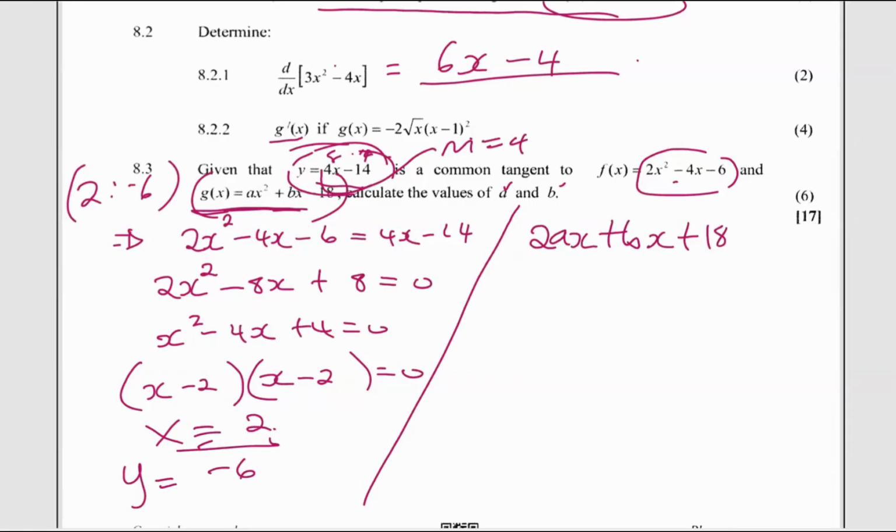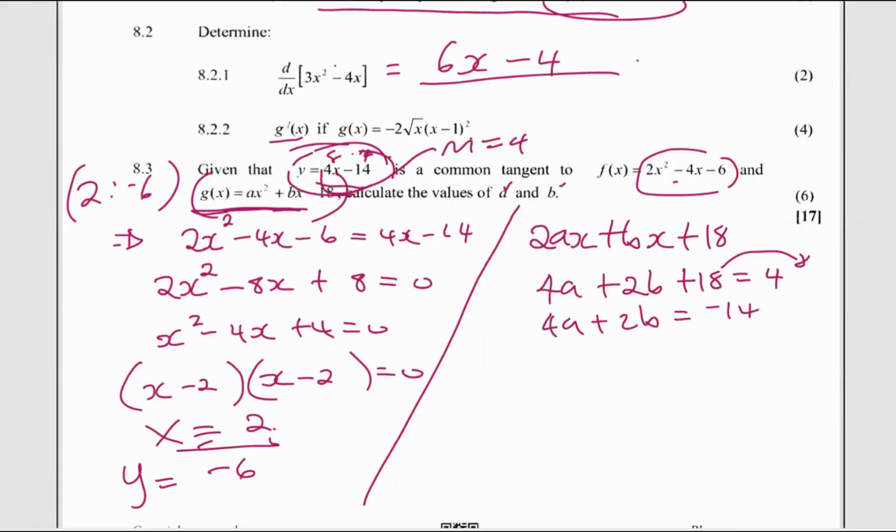Now, if x is 2, I'm going to equate this to a 4, meaning that I have 4a plus 2b plus 18 should be equivalent to the gradient, which is 4. Let's move the 18 that side, meaning that 4a plus 2b gives us negative 14.